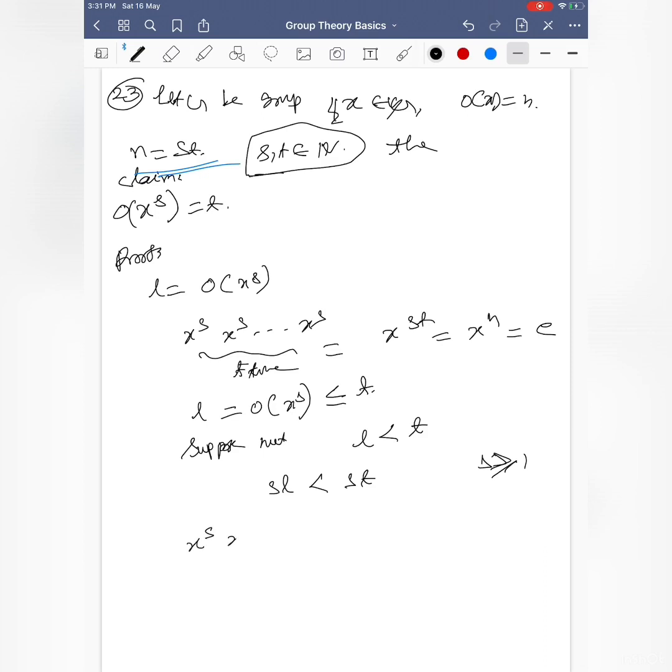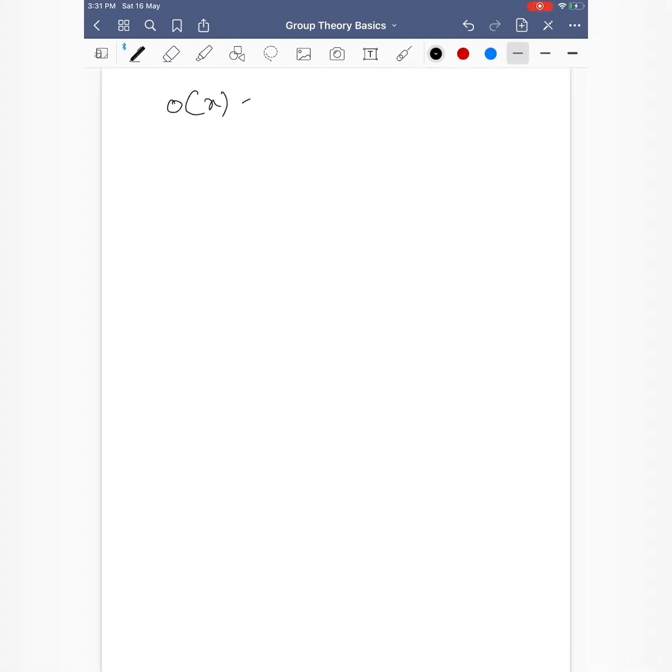So x power s times x power s dot dot dot x power s, L times, by the definition of order of x power s, this is identity. That means x power ls equal to identity. That means the order of x is less than or equal to ls, which is less than st, which is equal to n, which is a contradiction because n is chosen to be the order of x and that must be the minimal.